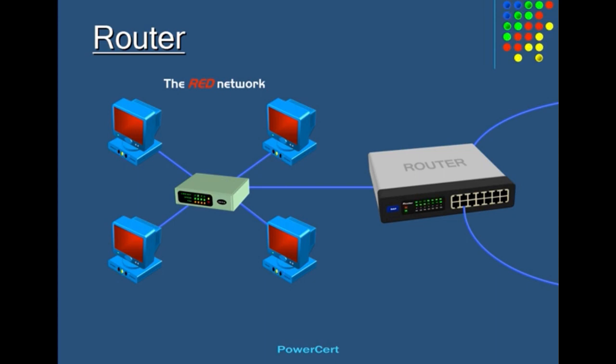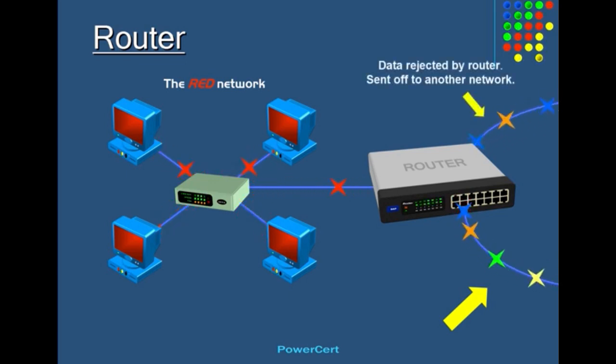So here we have a private network with its router, and we will refer to this as the red network, indicated by the red colored screens on the computers. And over here you are going to have different data packets indicated by their different colors, which represent different IP addresses, and they are going to be entering the red network's router from the internet.